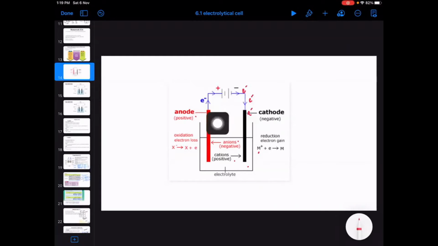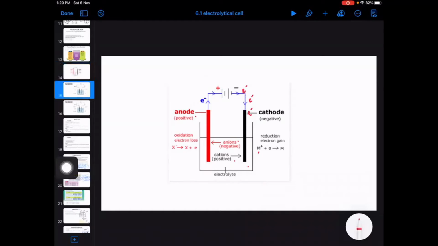This is how electric current can flow in the circuit and how electricity is produced. So when the electricity is produced, it will make the ions in the electrolyte discharge. So an ion will become an atom or a molecule.